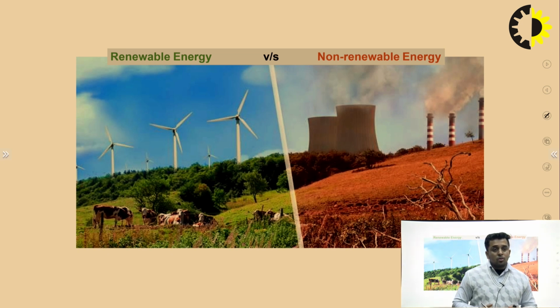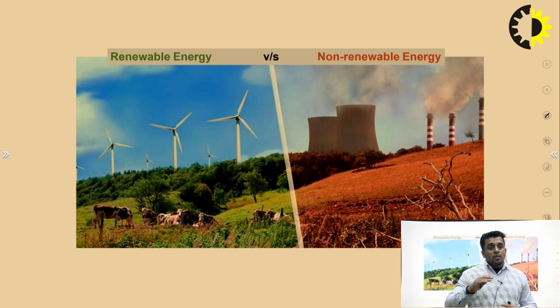Now we can also say that as a human being, if we are purchasing a four-wheeler, nowadays the four-wheeler is also coming in the form of an electrical vehicle. For the electrical vehicle there is a battery system.